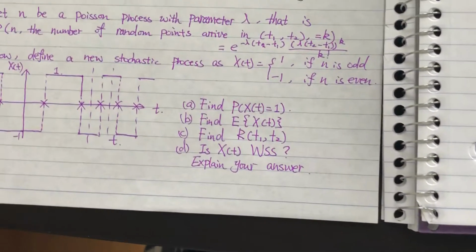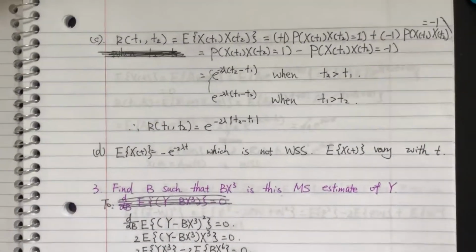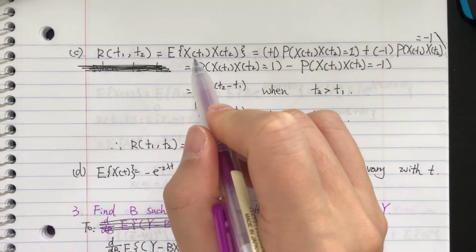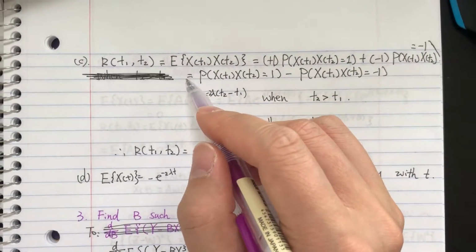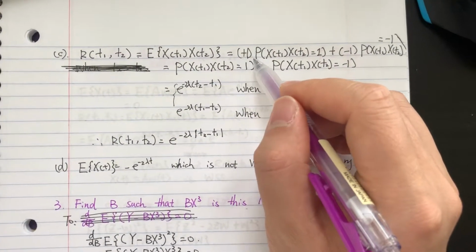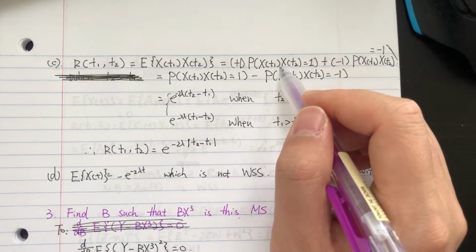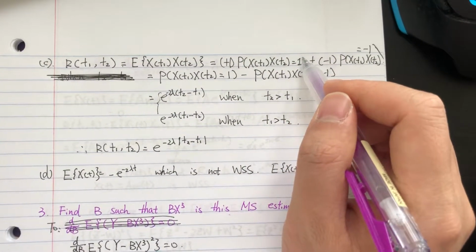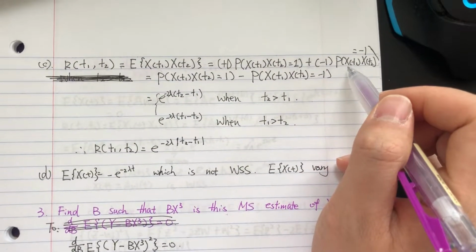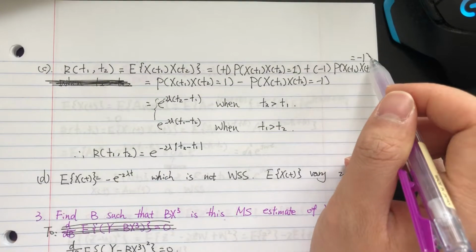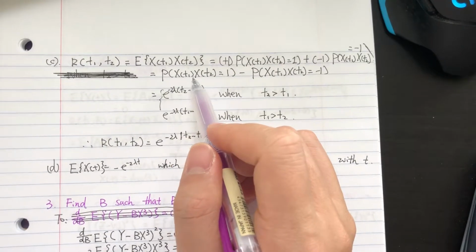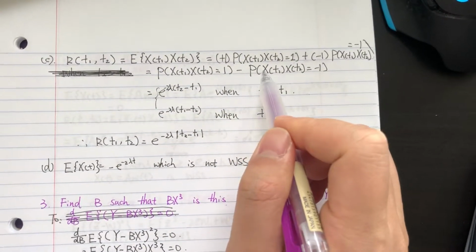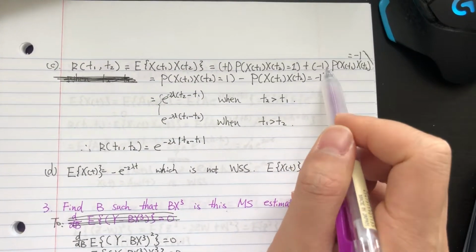C asks: find R of T1 and T2. R of T1, T2 is equal to E of X(T1) times X(T2). Similarly, it is 1 times the probability of X(T1)X(T2) equal to 1 plus minus 1 times the probability of X(T1)X(T2) equal to minus 1. So it becomes the probability of X(T1)X(T2) equal to 1 minus the probability of X(T1)X(T2) equal to minus 1.